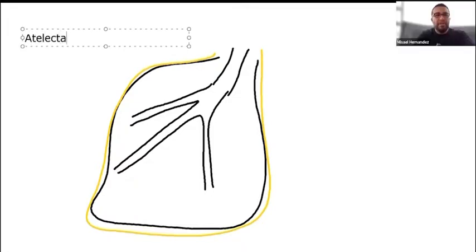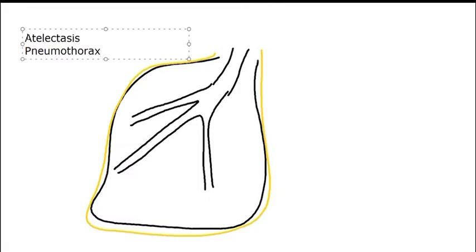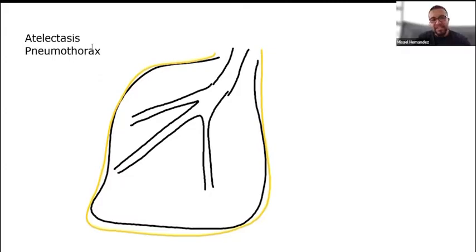How about pneumothorax? Pneumo is air. Both of these conditions are collapse of the lungs, but the difference is atelectasis is always closed, meaning there's nothing puncturing the lung. Pneumothorax could also be a punctured lung.